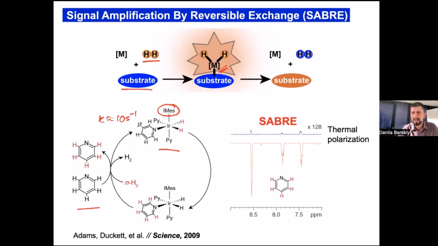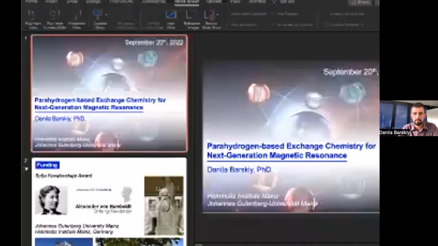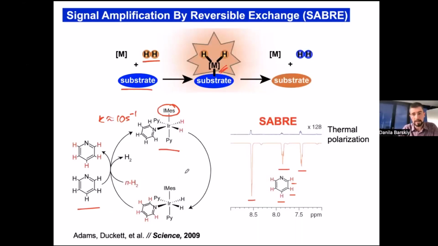So it's actually tens of milliseconds lifetime of this complex before it dissociates and a new hydrogen molecule can come in. So you can polarize the ortho, meta, and para protons of pyridine to extremely large values by simply bubbling parahydrogen through the solution for a few seconds. This is amazing, and you can polarize pyridine to a very large extent.